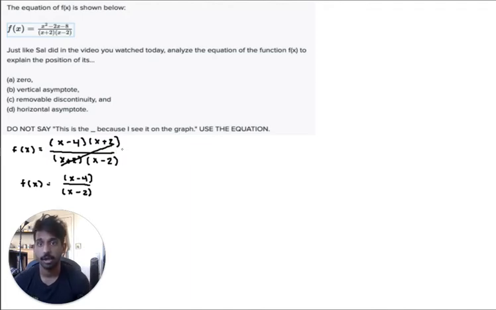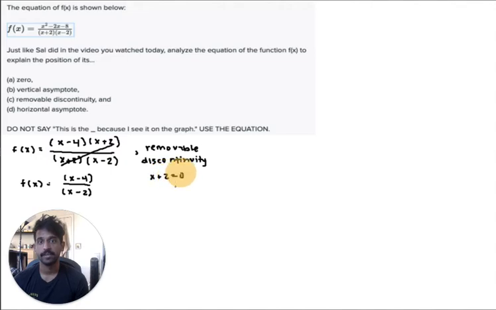Now, I know that since it is x plus 2 and x plus 2 is the same thing, remember when we cancel something like this, we call this a removable discontinuity. This is something that would cause an issue in the function, but we took it out. And so we say there is a removable discontinuity when x plus 2 equals 0.